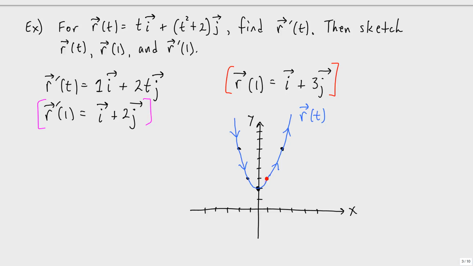That's going to be the initial point of the derivative function's vector when t is 1. So from there, starting here, it's 1, 2. So you go right 1, and you go up 2. So that's the derivative evaluated at 1, that vector there.